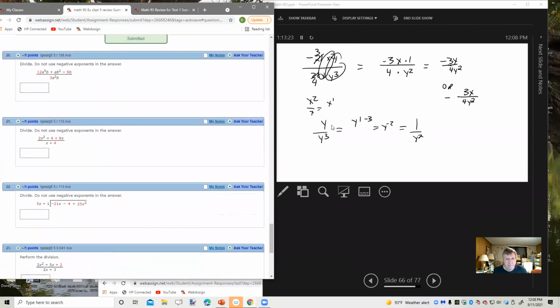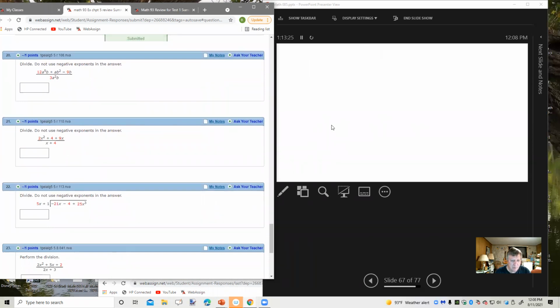All right, dividing a polynomial by a monomial. So we've got a polynomial divided by a monomial. So what we do there is we take each term in the numerator and divide it by the term in the denominator.